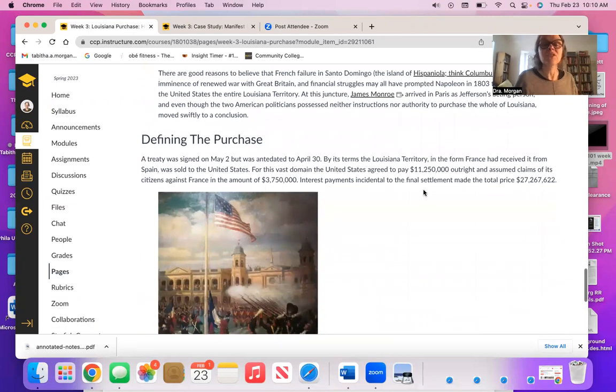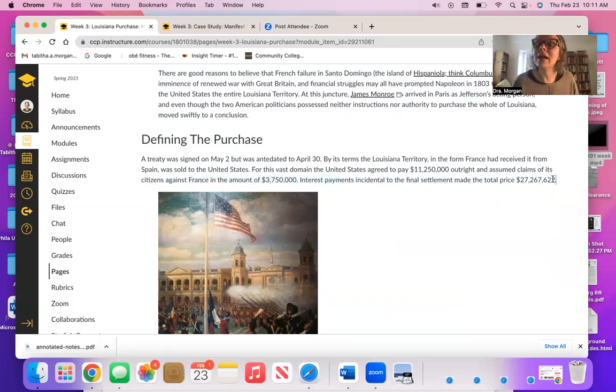Okay, so this is the payday. For all of this territory, and I'll go over the states it included in a minute, it was 11 million cash outright. Then it was 3 million, almost 4 million against France, for all the political reasons you're going to read about, and then interest payments.